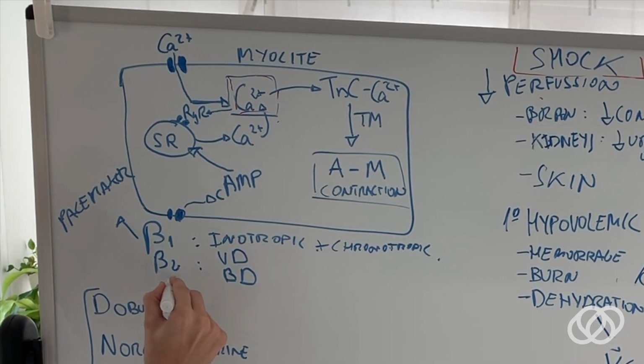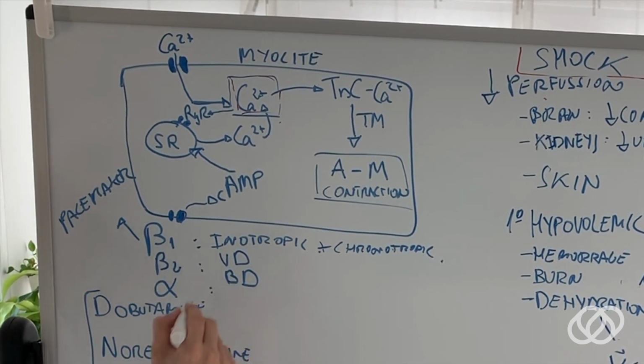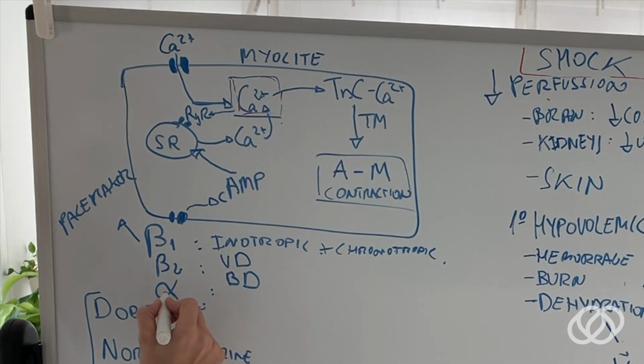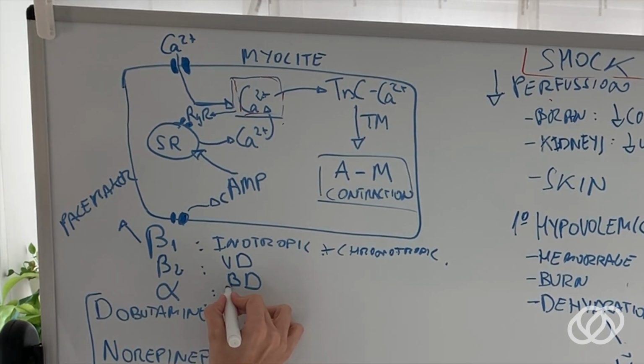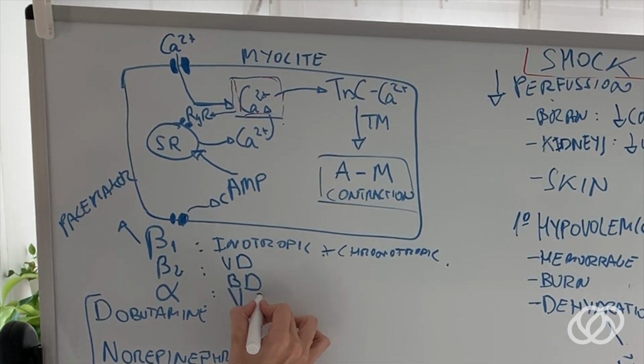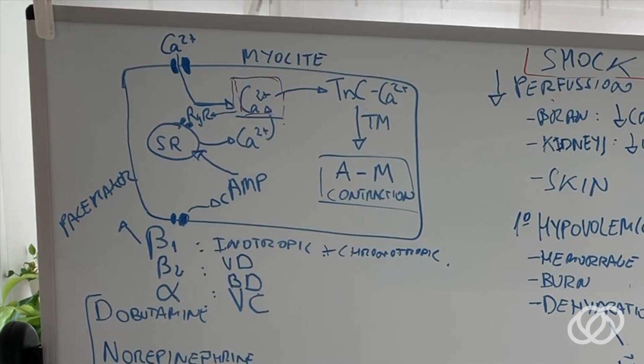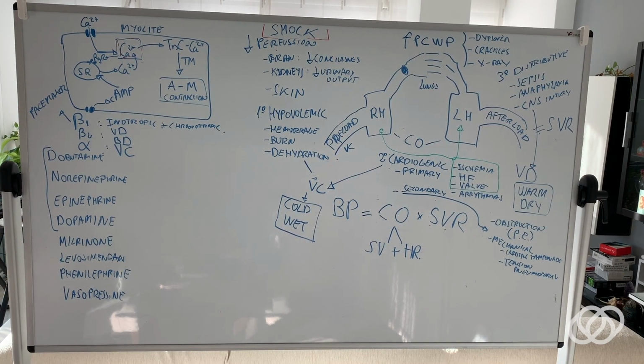Some of them also act on the alpha receptors. When they act on the alpha receptor, they produce the opposite, vasoconstriction. Okay, this is something that we have to take into account. So we are going to see them one by one.